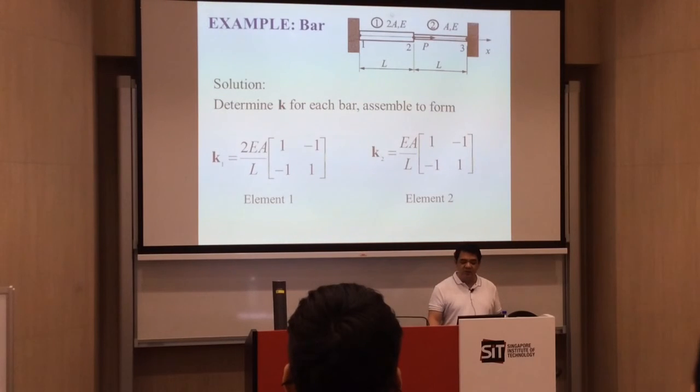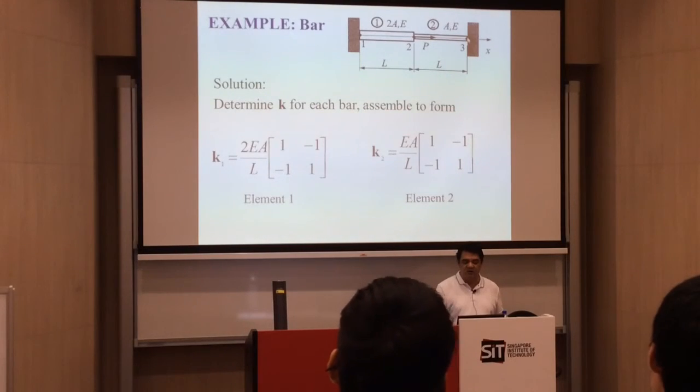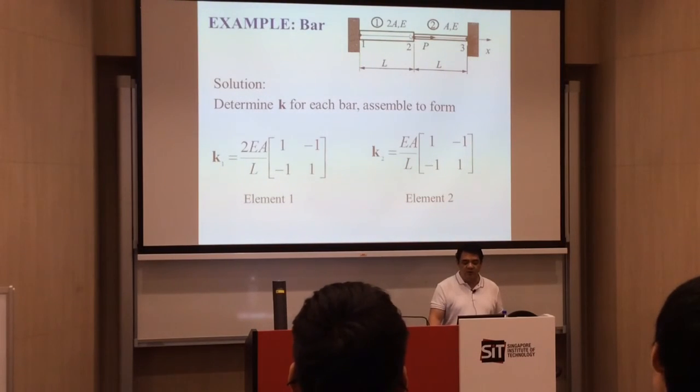This one is element 1 and element 2. So we want to determine the displacements and stresses along this bar here. So we know that the displacement here is 0. So what we want to know will be the stress along your first element and the stress acting on your second element.